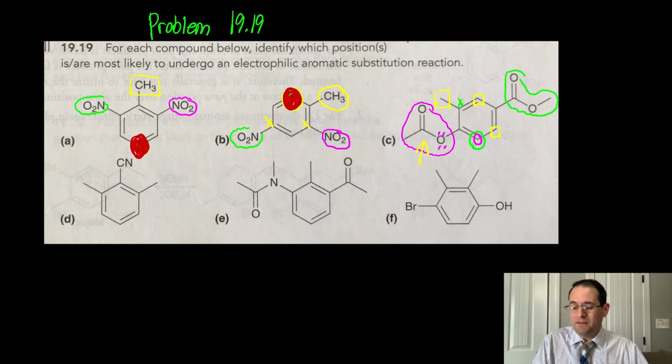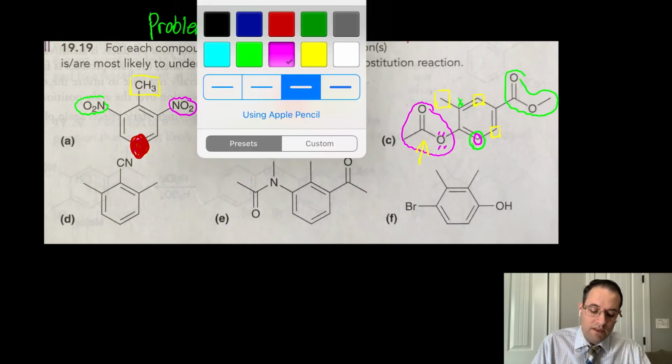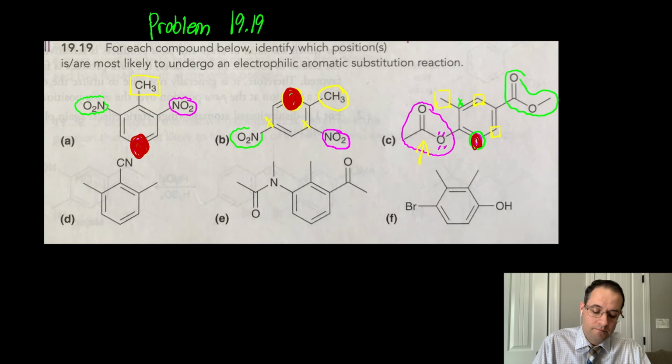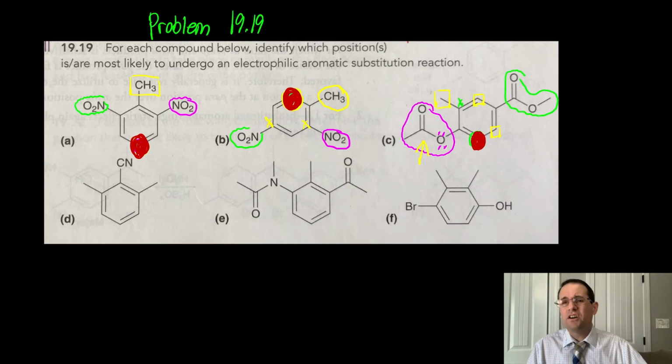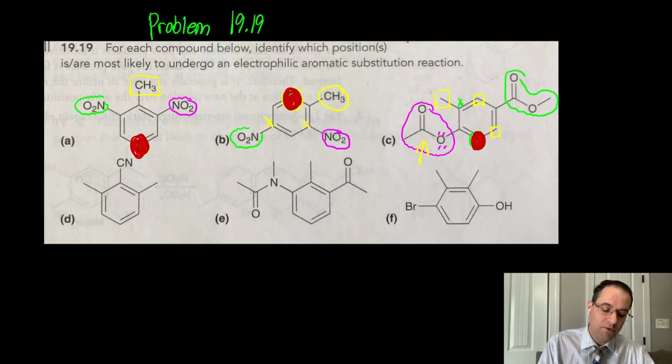The methyl group is a moderate or weak director. And so we're going to position ortho to that. So let's go ahead and highlight that. The stronger director wins. Stronger directors are strong activating groups. They're ortho para directors.